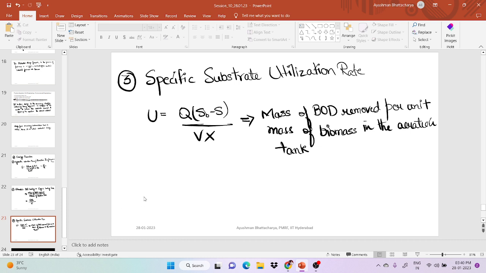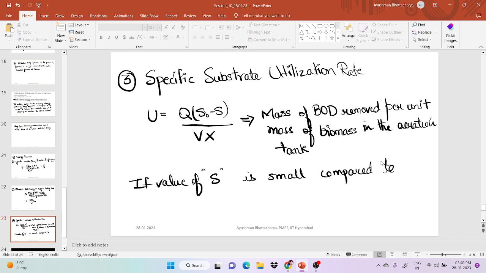So what happens if the value of S is small compared to S naught?